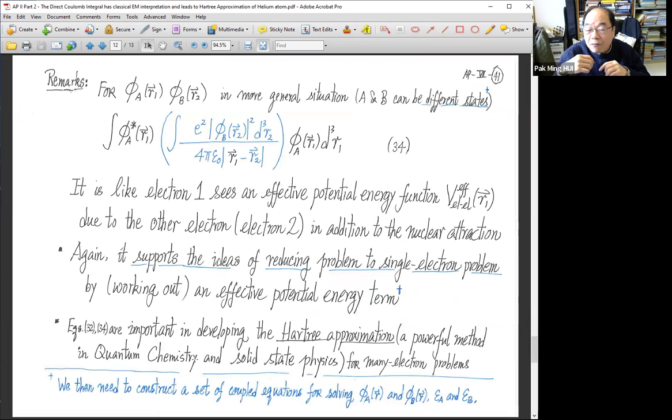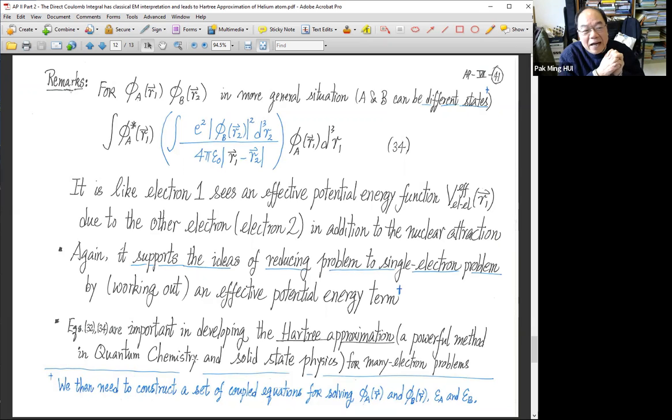You will have two equations now. I focus on one electron in 1s, then the other electron is in 2s, producing the potential energy term. If I'm focusing on the electron in the 2s, the Schrödinger-like equation will have another electron in 1s producing the effective potential energy term.